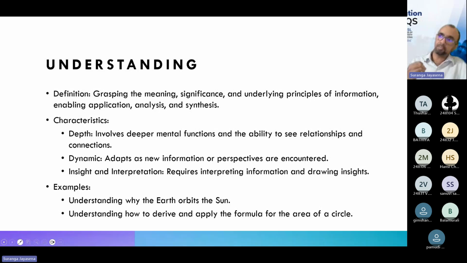Okay, so the characteristic of understanding is that first is the depth. So it involves deeper mental functions. Mental functions are the things that you do with your brain, right? Rather than just storing information, you go deeper. You use more advanced functions of your brain to see relationships and connections between different information that you receive. And here it is dynamic, not static.